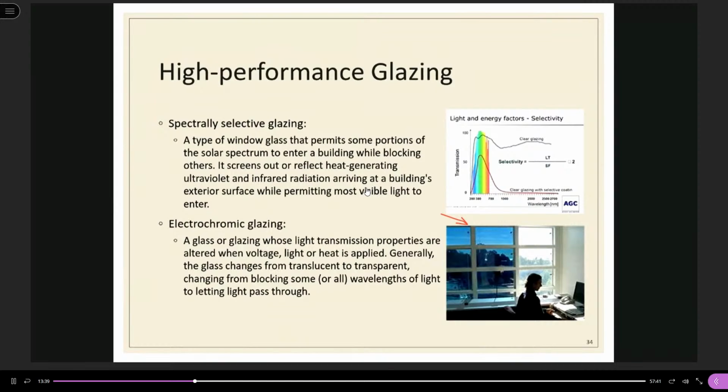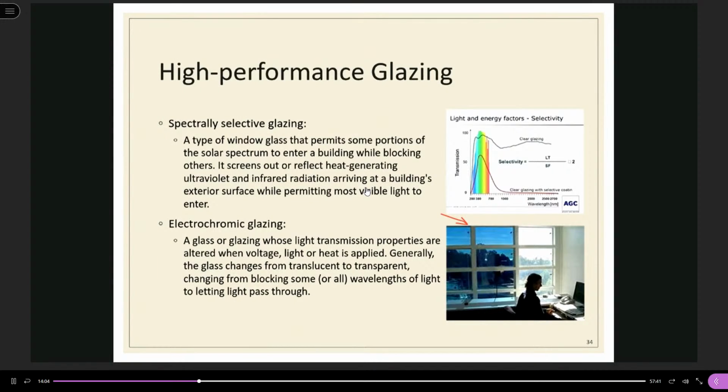Electrochromic glazing is a glass or glazing whose light transmission properties are altered when voltage, light, or heat is applied. Generally, the glass changes from translucent to transparent, changing from blocking some wavelength of light to letting light pass through.